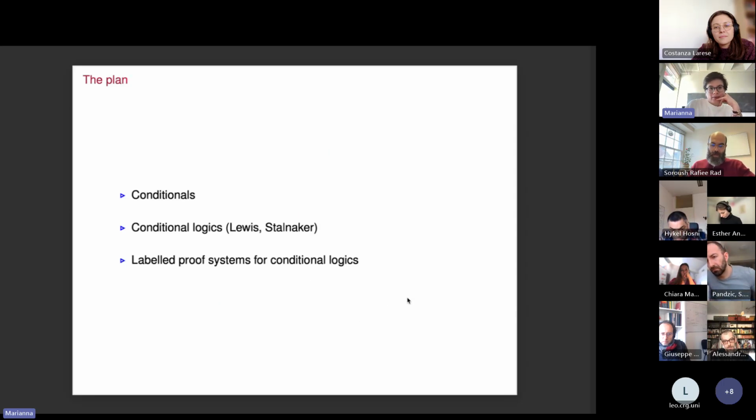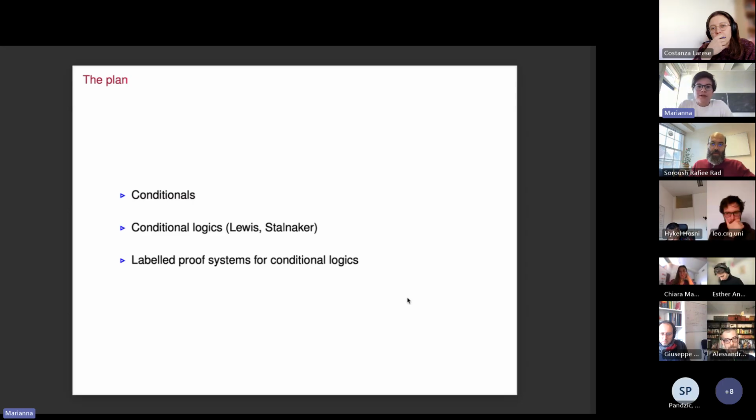Okay, so this is the plan. I will first discuss what are conditionals in natural language, what I mean by conditionals at least. And then we will go into a bit more details. We will see what are conditional logics. And so the approach that we're going to be taking is going to be the approach proposed by Lewis and Stalnaker, and then continued by many others.